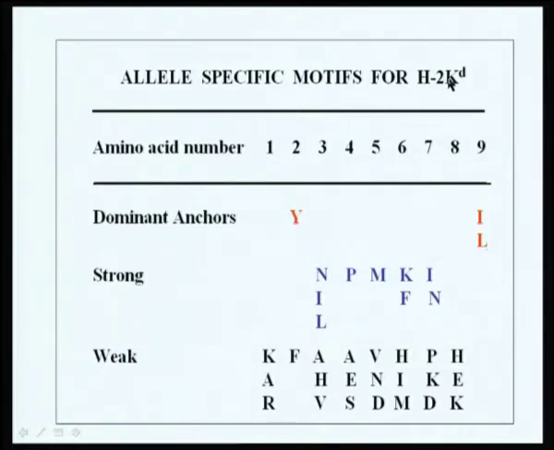And therefore, the presence of these particular amino acid residues and a particular motif does not actually mean that it is finally finding its way into the peptide binding groove.